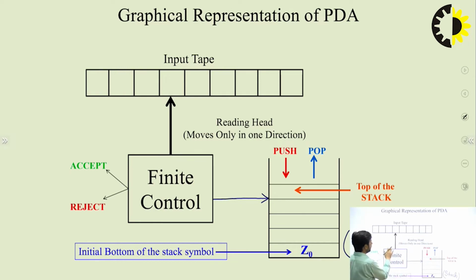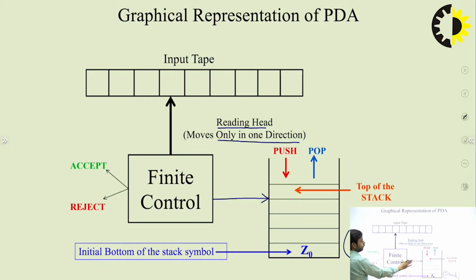There is one reading head; this head only reads the input symbol. It is not able to write, and it moves only in one direction.